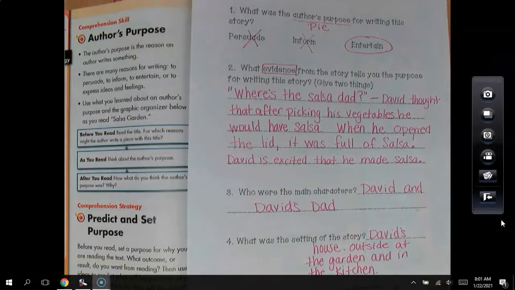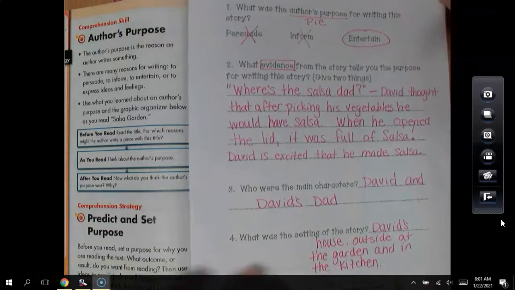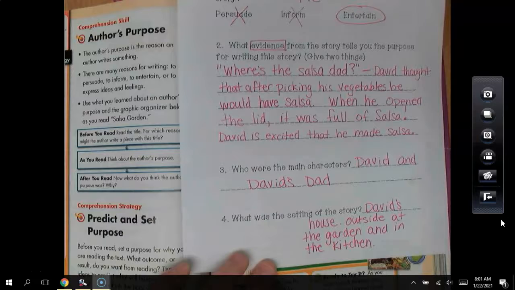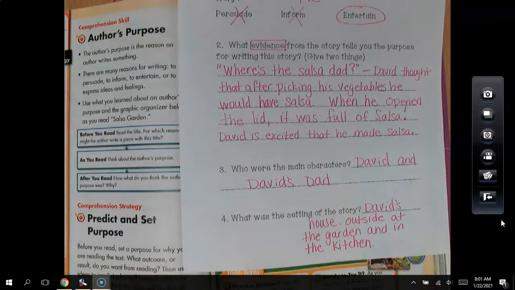So David's house, outside at the garden and in the kitchen, because it specifically said that they went into the kitchen to mix up the vegetables. And we know that it's probably summer because when you grow vegetables, well, in Ohio, you can't grow vegetables in the winter, so we know it has to be hot outside. So you could add that as well if you wanted to. You could say that it has to be hot outside, right? It has to have the right temperature in order for you to grow your vegetables.